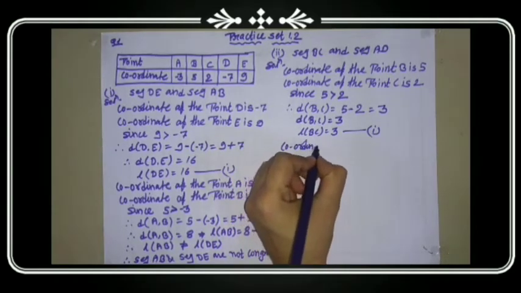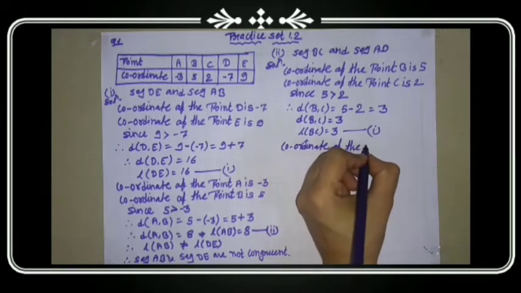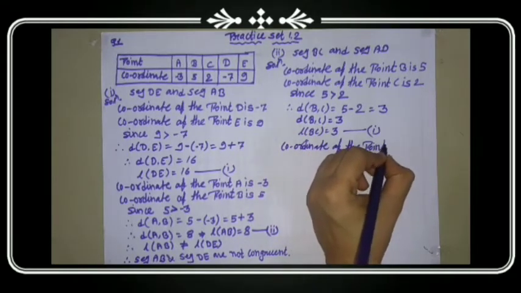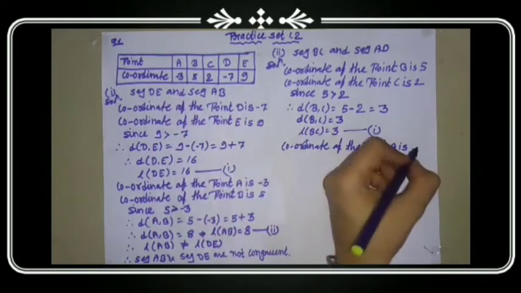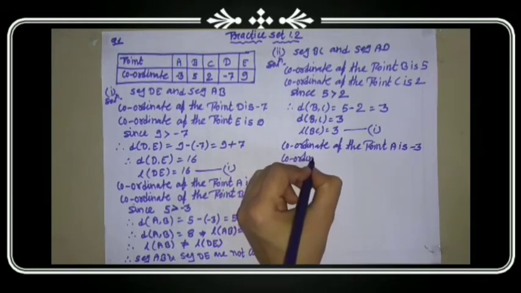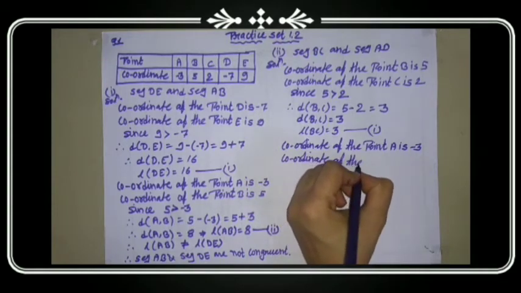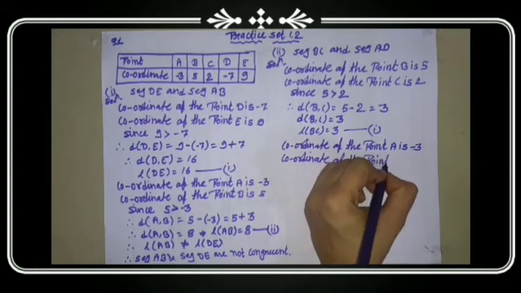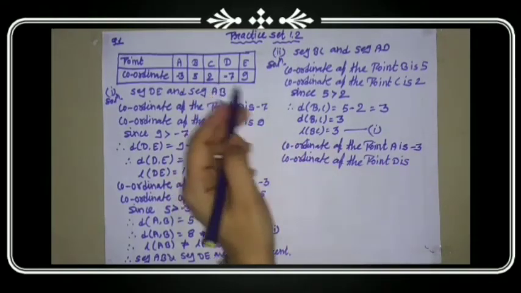Coordinate of the point A is minus 3 and coordinate of the point D is minus 7.